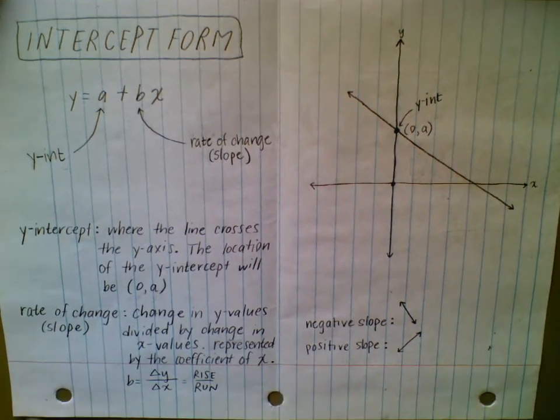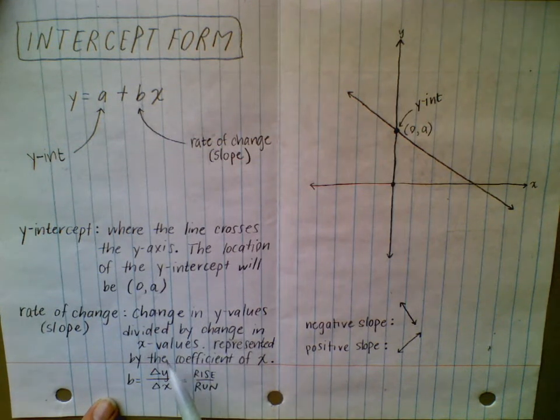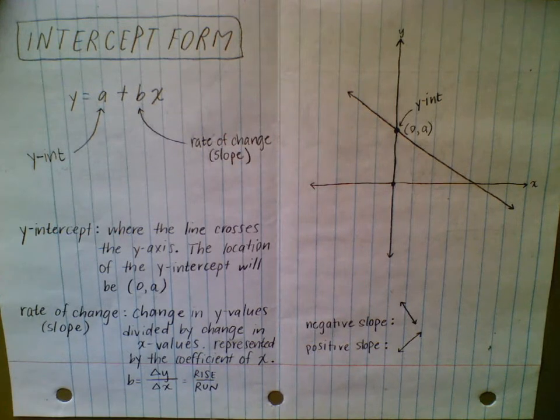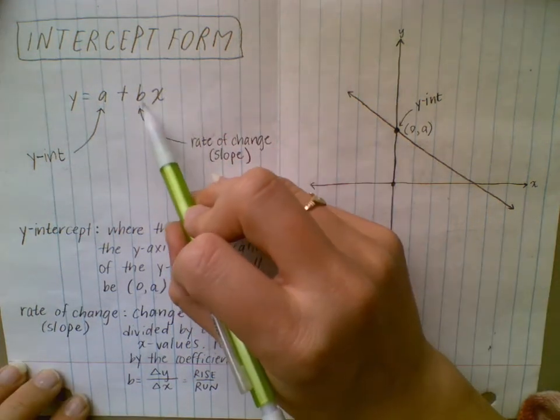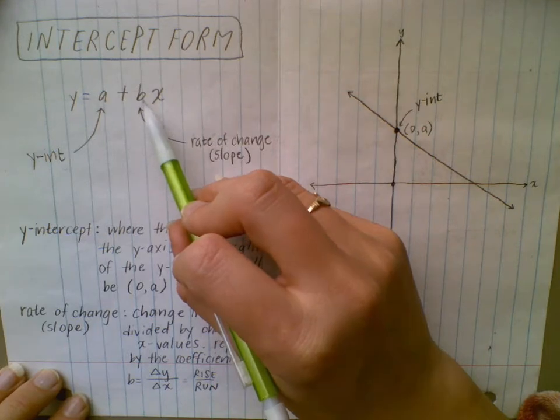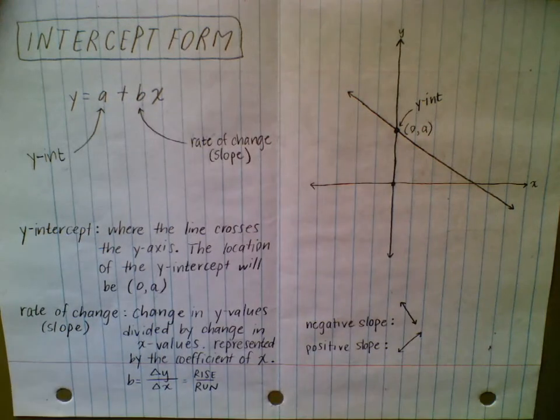Now, for rate of change, again, rate of change is the comparison, the ratio between the change in one variable compared to the change in the other variable. Specifically, we're looking at the change in y values compared to the change in x values. And again, that's represented by this coefficient of x, the number being multiplied by x.